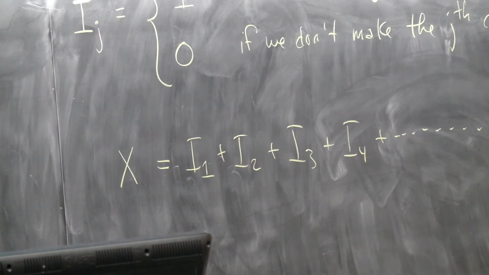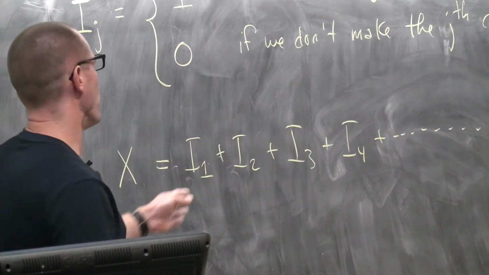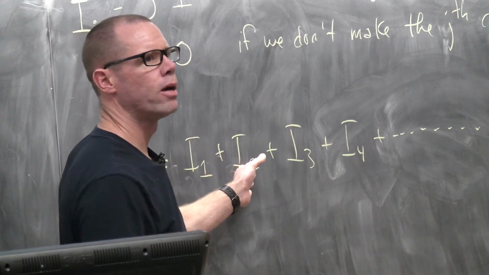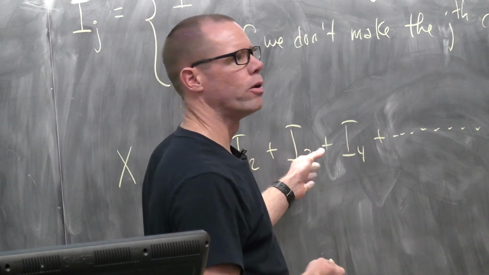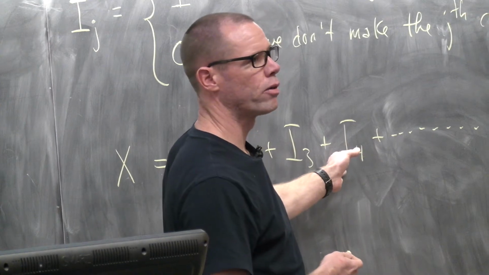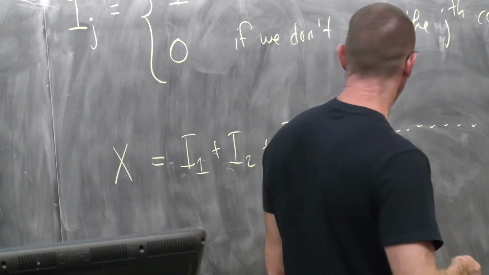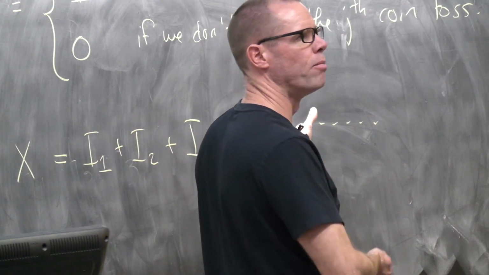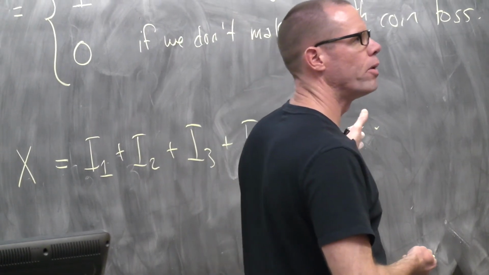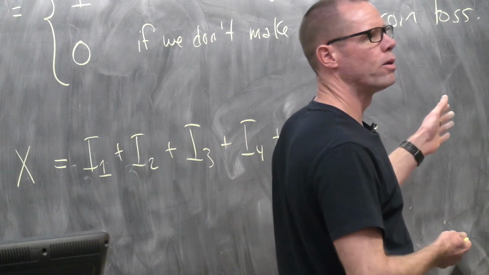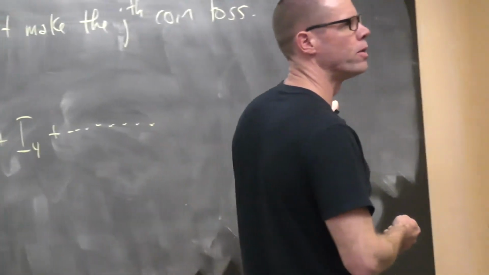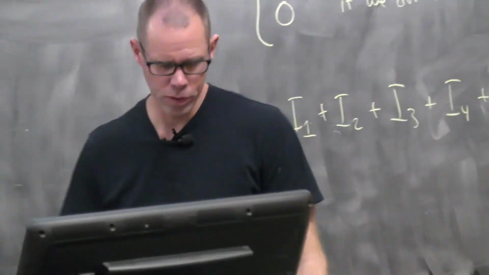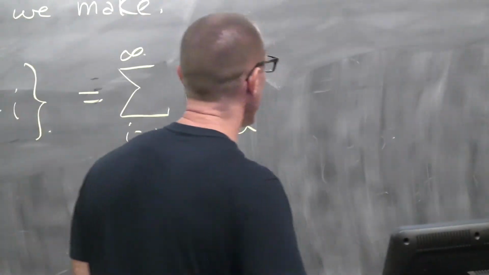This first one will always be 1. This one will be 1 if we had to make a second coin toss. This one will be 1 if we had to make a third coin toss, and this one if we had to make a fourth. Eventually, the coin comes up heads, and that last one has its indicator variable equal to 1. But after that, we don't make any more coin tosses, so all of the remaining ones are 0. It's just another way of writing this down.